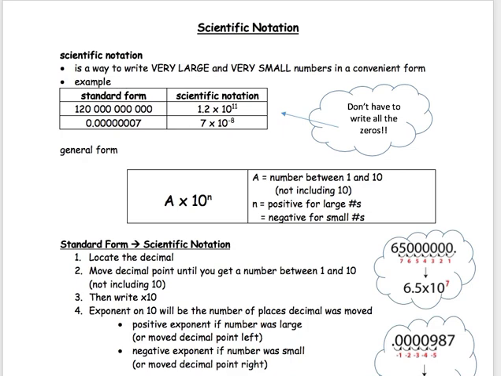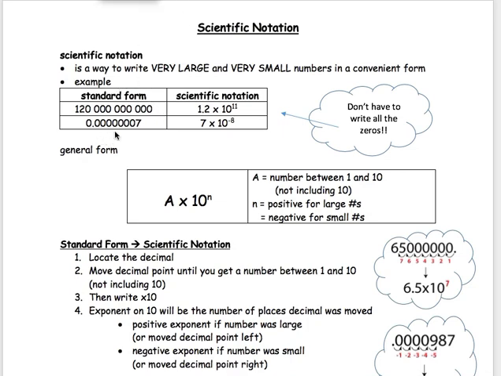Scientific notation is a convenient way to write very, very large numbers or very, very small numbers. So I'm going to teach you how to write big and small numbers. In general we'll deal with big numbers in this unit, but you might need small ones in a biology class, a physics class, or so forth. So be able to do it both ways. All right.